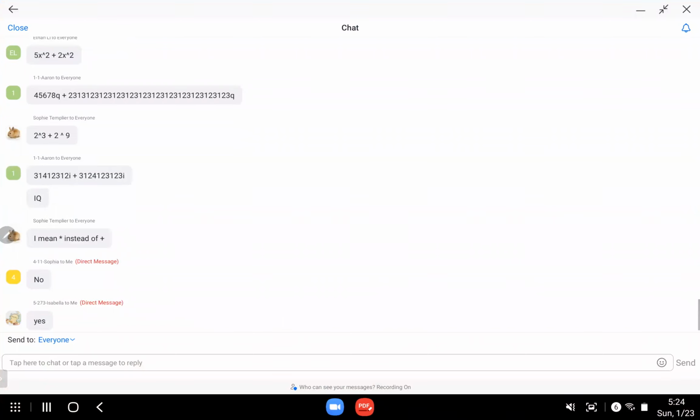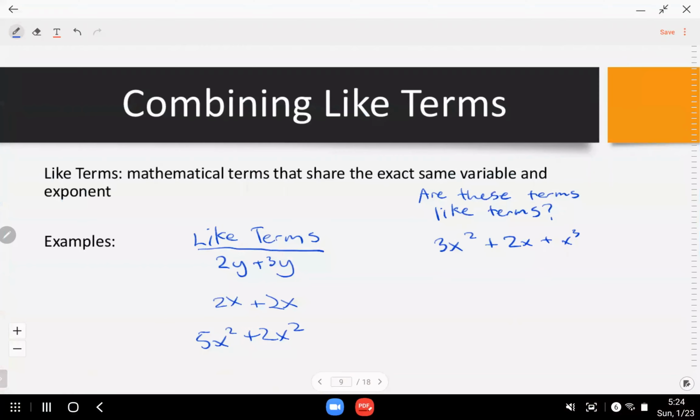No. We have no, and then we also have yes. Okay, so we're 50-50 right now. Are there any other opinions? Are these three terms like terms? Say yes or no in the chat if you think these are like terms, or no if they aren't.